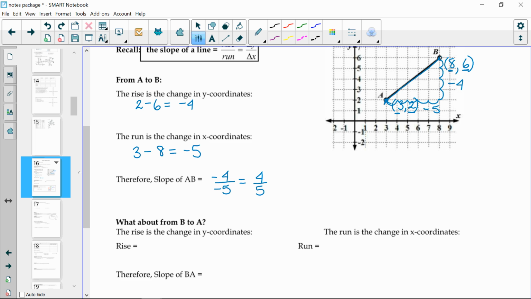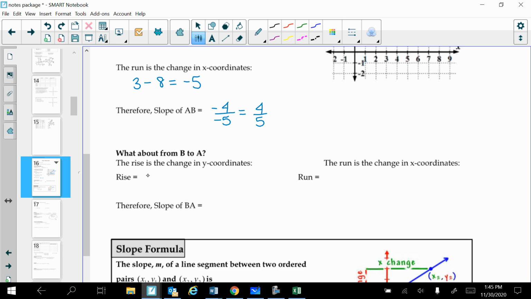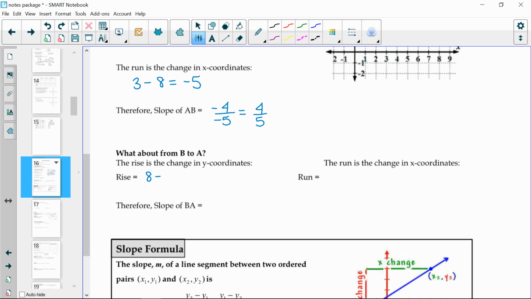All right, so what about from B to A? What if we are going in the direction from B to A? So the rise is the change in the y coordinates. So my rise is 8 minus 3, or sorry, wrong points.